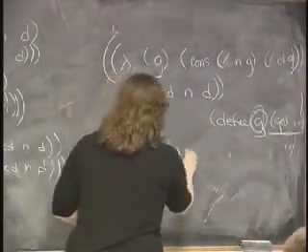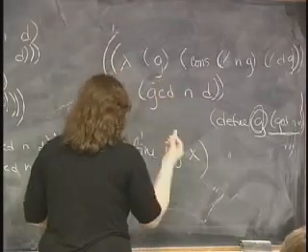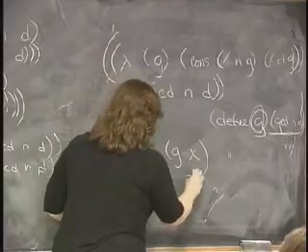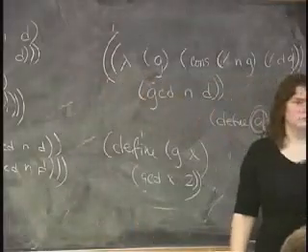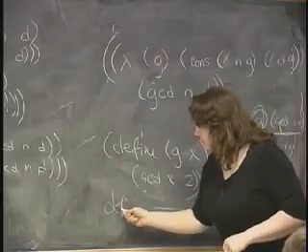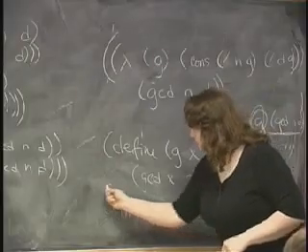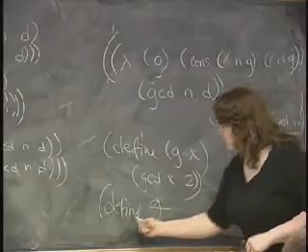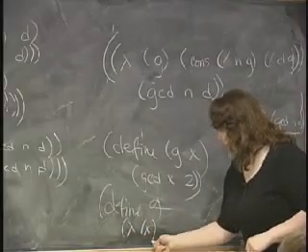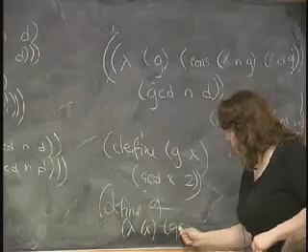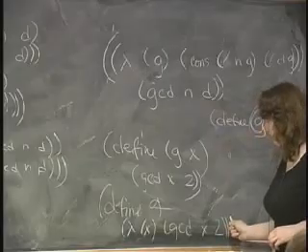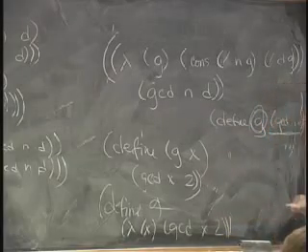If we said define G of x to be GCD of x and 2, the define does desugar: define G to be the lambda of x, GCD of x and 2.